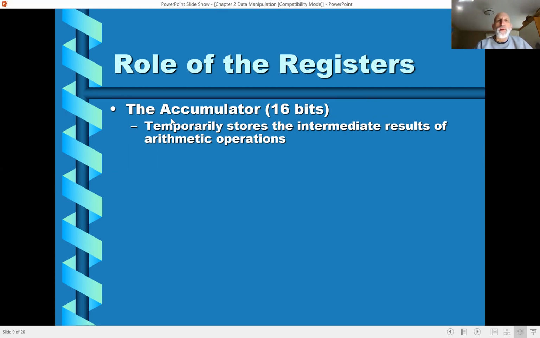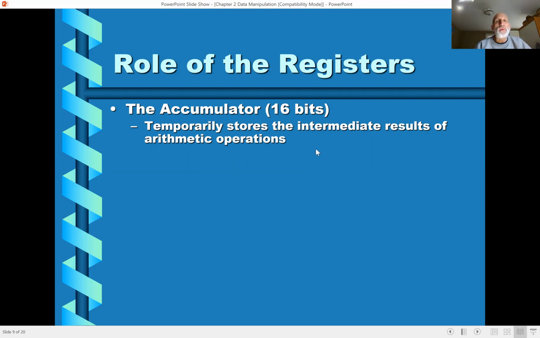It's called the accumulator. The accumulator basically stores intermediate results of arithmetic operations. For example, if you're trying to add 7 plus 5, memory can only hold the 7. Where's the 5? The 5 is in this register. So 7 plus the 5 that's in the register, added together, gets you a 12.